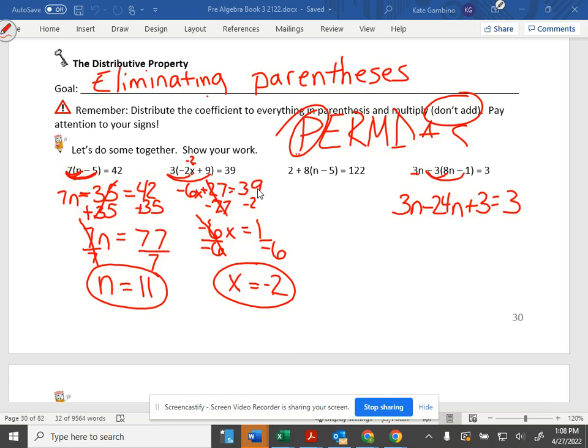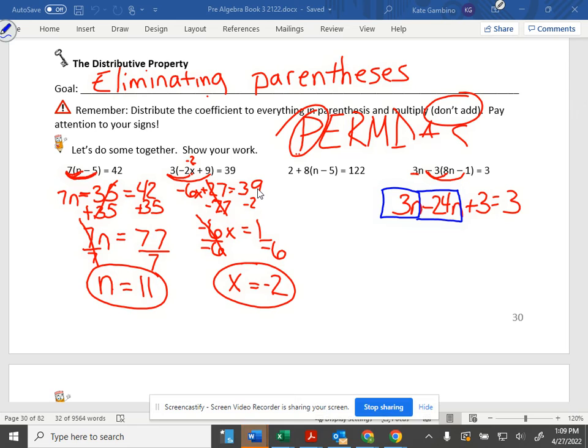What's my next step? Rhino. You subtract 3 by 24. And why? Why do I subtract 3 by 24? It does make it easier, but what is it that we're doing when we do that? We're combining like terms.